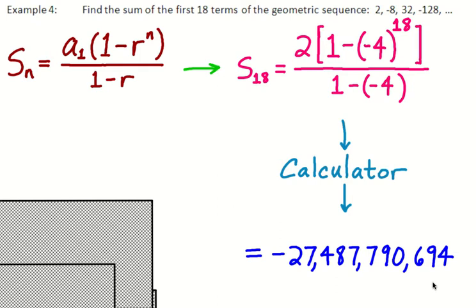Sometimes calculators use that as a way to show you scientific notation, like a capital E and then a 10. So if you wrote it in scientific notation on a test, that would absolutely be fine. Negative 2.749, if you're rounding, times 10 to the 10th power, I believe it would be.